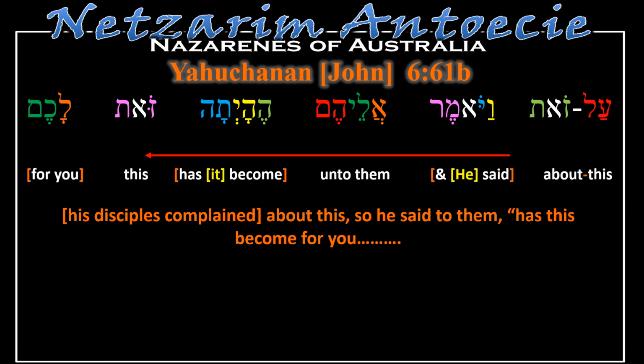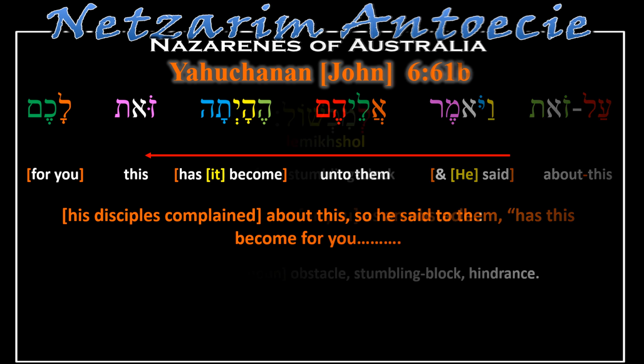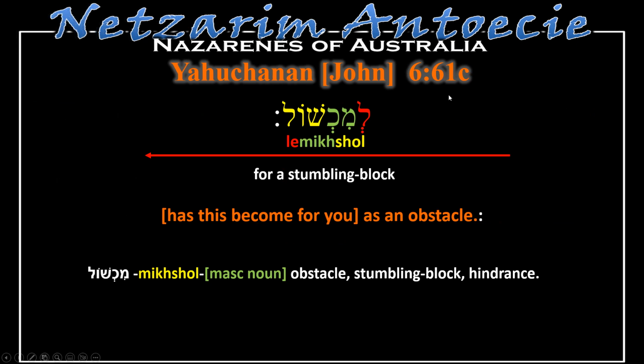About this, and he said unto them, has it become this for you? And then we come to 61c. We have a Lamed, Mem, Kaf, Shin, Vav, Lamed. Le-mik-shol, for a stumbling block.